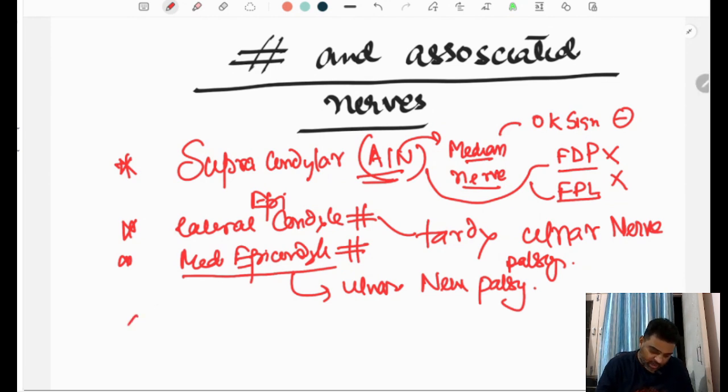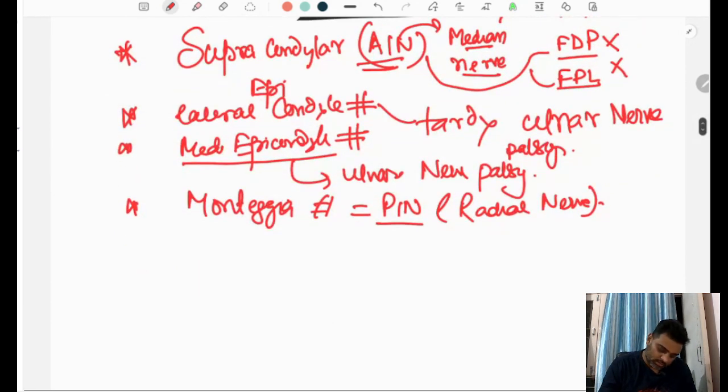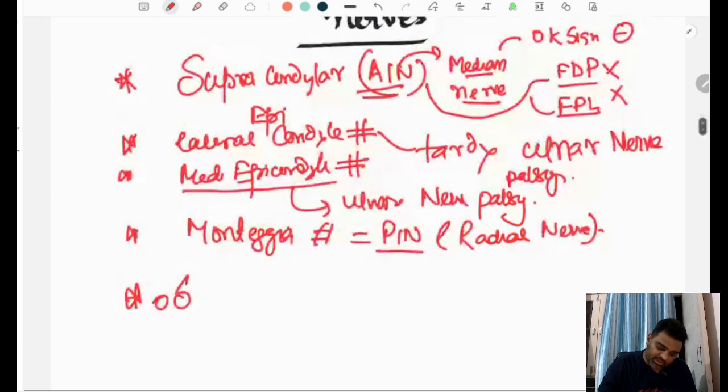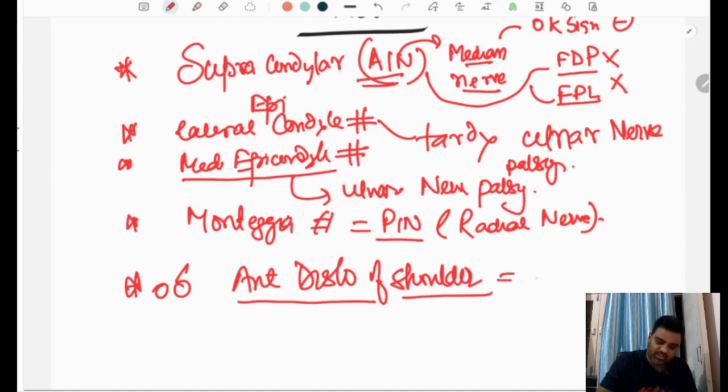Then I have told you Monteggia fracture. Monteggia is associated with the posterior interosseous nerve. This is a branch of the radial nerve, and the patient will have problems in extension of the fingers and the thumb. Then I have told you, in cases of anterior dislocation of the shoulder, the nerve involved is the axillary nerve.